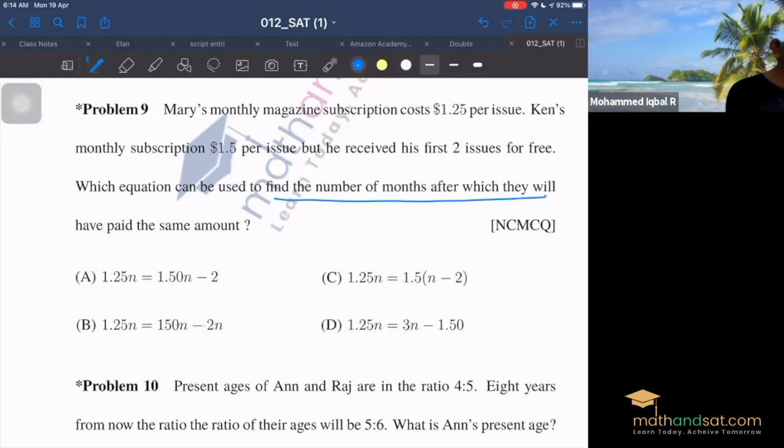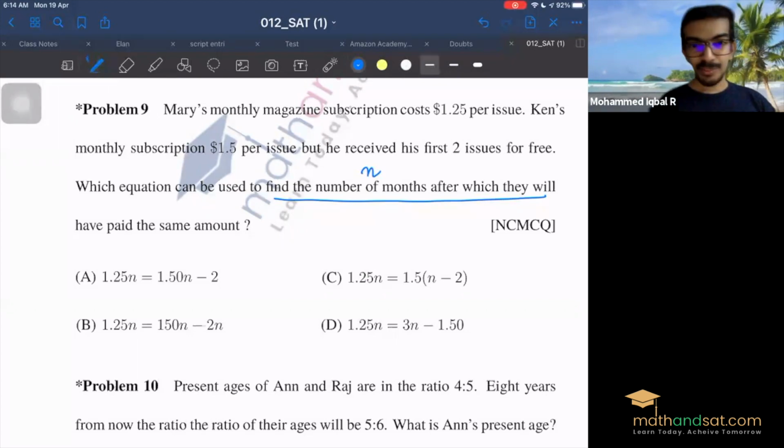I'm going to call this unknown quantity n. Why n? Because the options talk about the variable n. We could have chosen any other variable like x or y, but in this case, the options talk about the variable n.